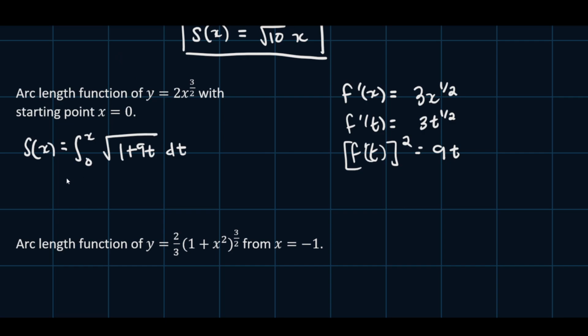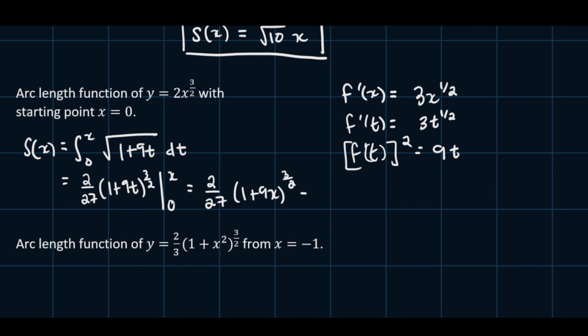So again, apply integration by substitution to get that this will be 2 over 27 times 1 plus 9t raised to 3 halves. We evaluate from 0 to x. So, evaluating from 0 to x, what happens is we replace t with x, minus, at t equals 0, 2 over 27 times 1 plus 0 raised to 3 halves.